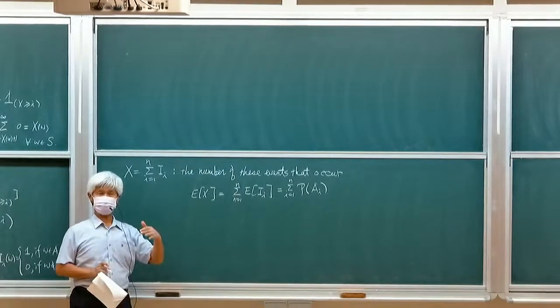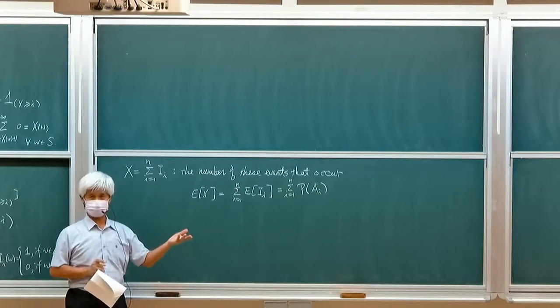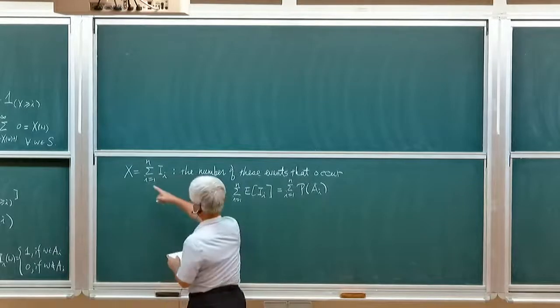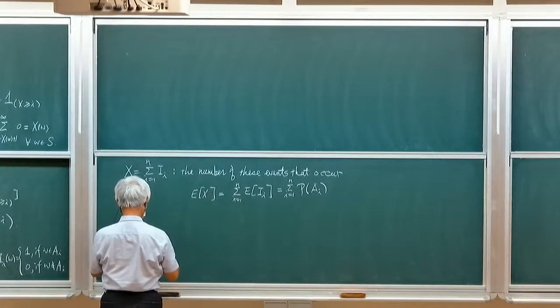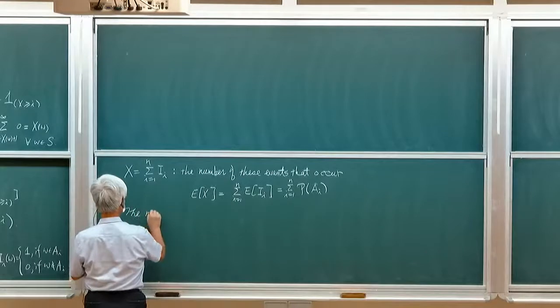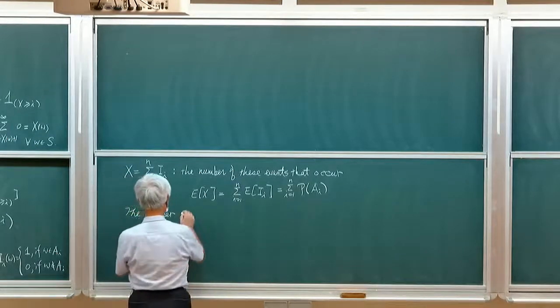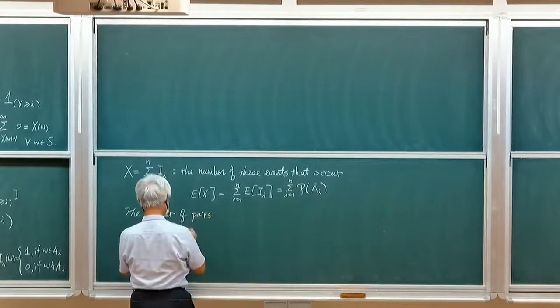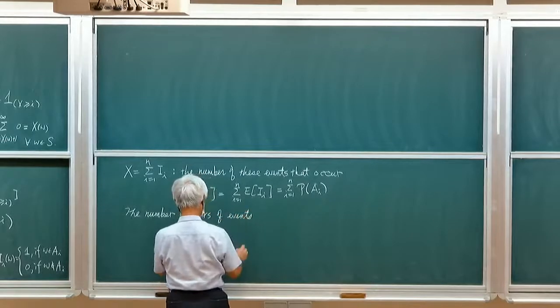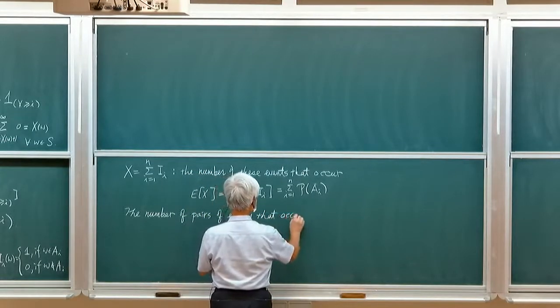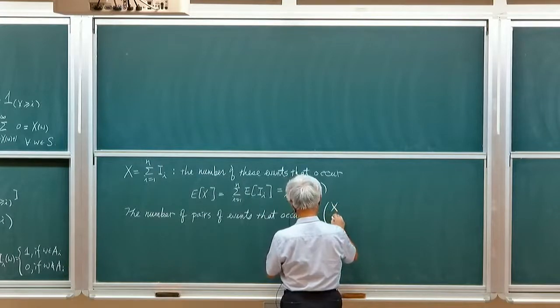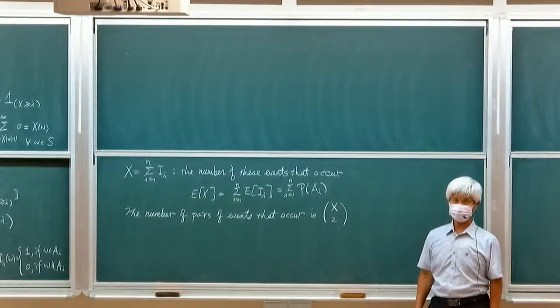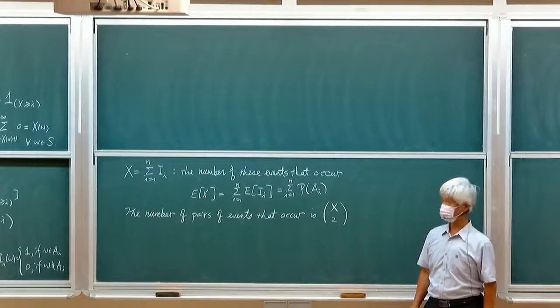We want to find the second moment, the third moment, the fourth moment, etc. So we want to find any moment of X. Now consider the number of pairs of events that occur. It's this combinatorial number.